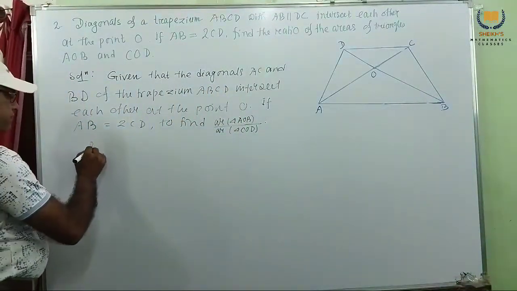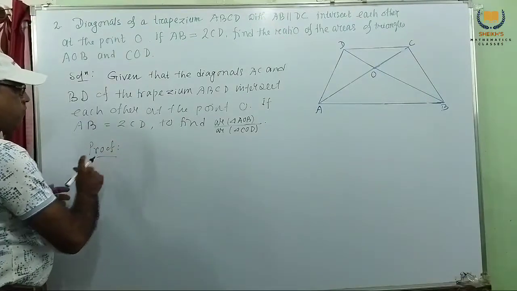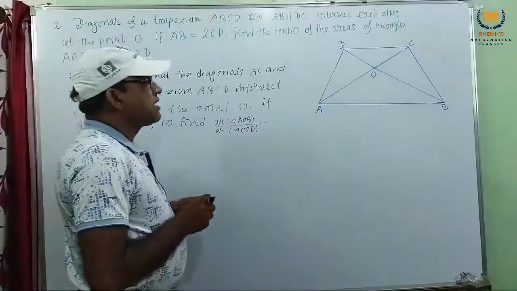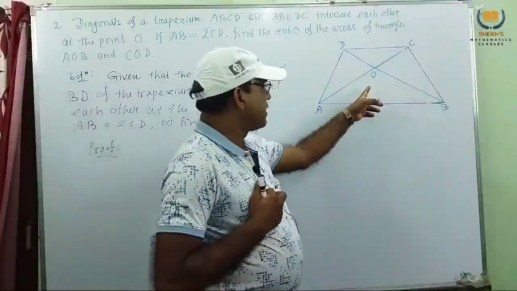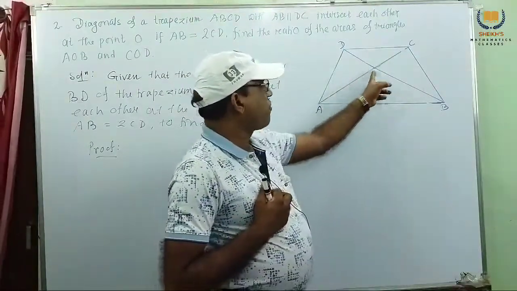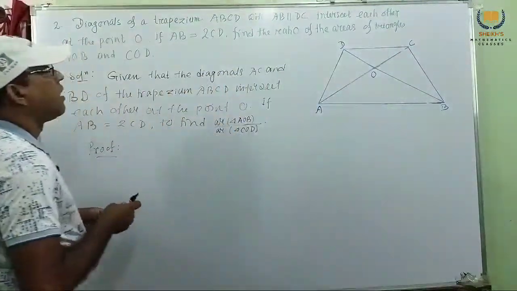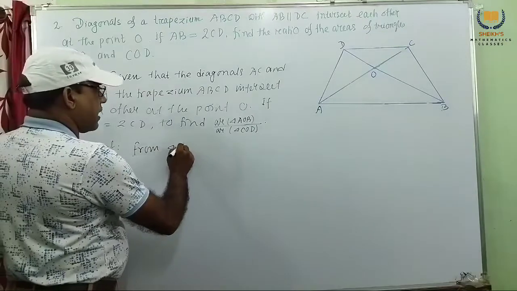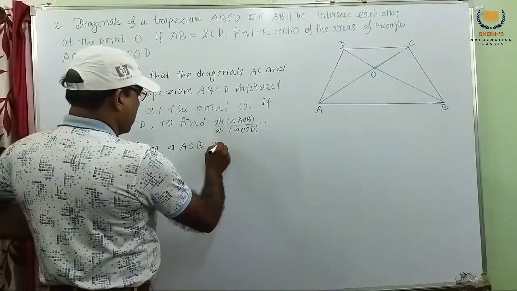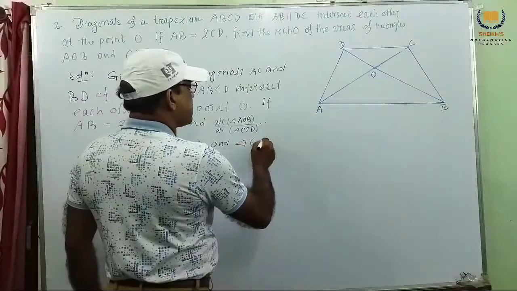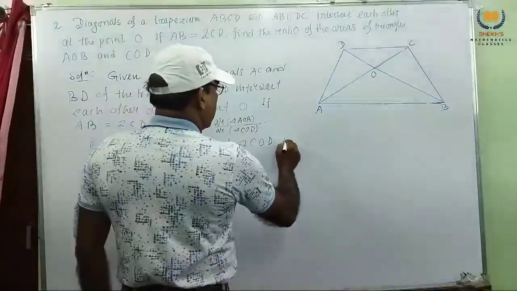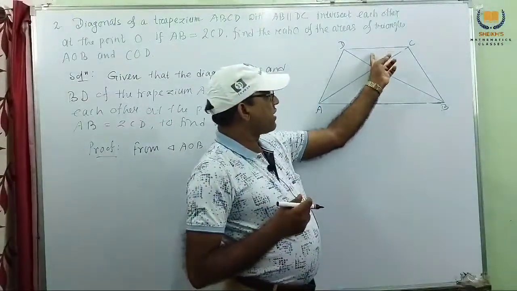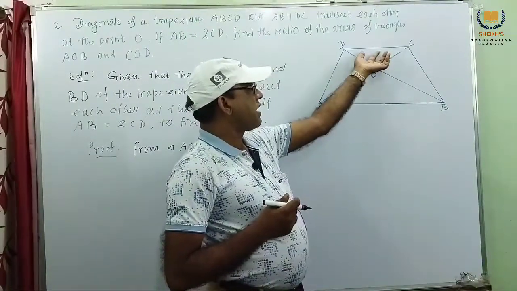Now proof. We consider these two triangles, AOB and COD. From triangles AOB and COD, we have AB and DC parallel.